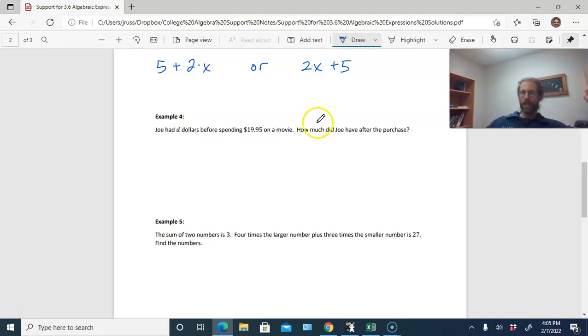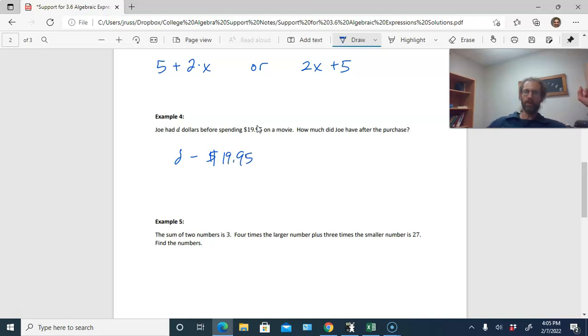And so the question is, how much did Joe have after the purchase? Well, what we're going to do is just represent this as an algebraic expression. So if he had D dollars before going to the movie and then he spent $19.95, what he's going to have left is going to be what he started with minus what he spent on the movie.